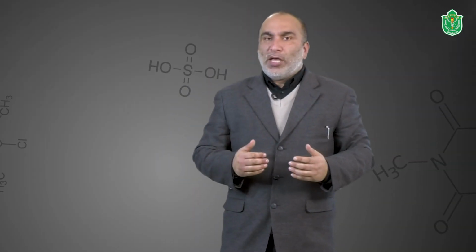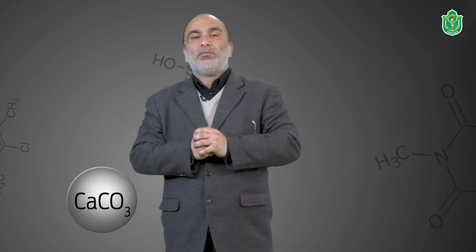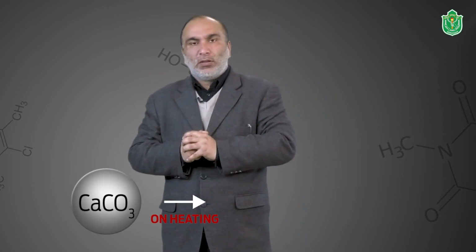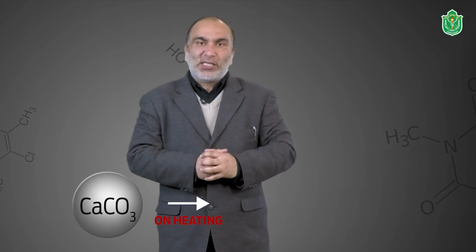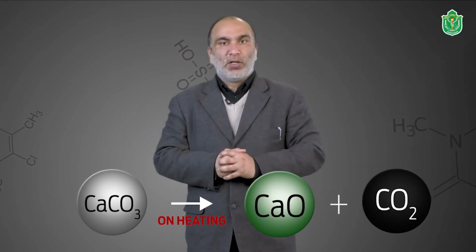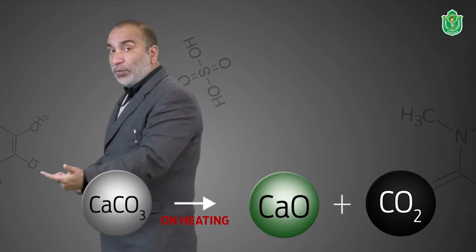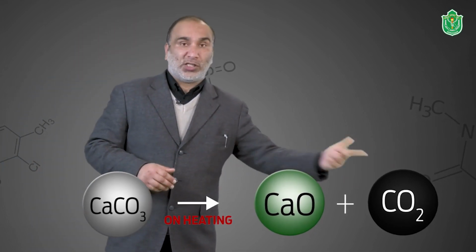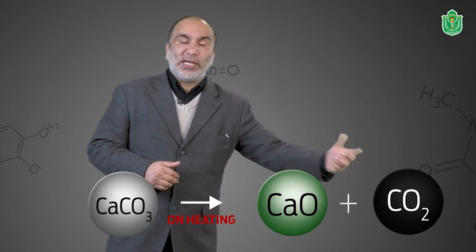For example, if I take a reactant, calcium carbonate, and it is heated, it breaks down into calcium oxide and carbon dioxide. In this reaction, we see how a single reactant, calcium carbonate, is breaking down into two simpler products, calcium oxide and carbon dioxide.